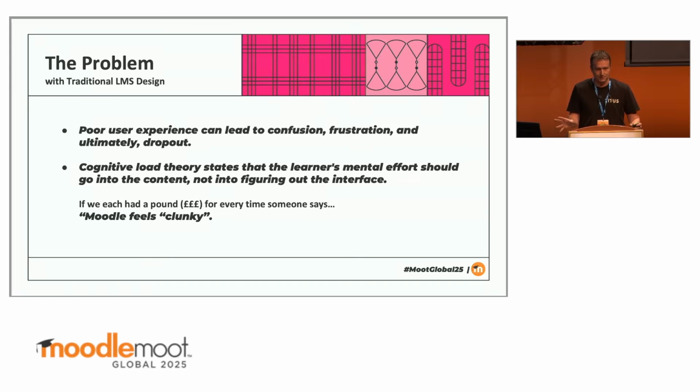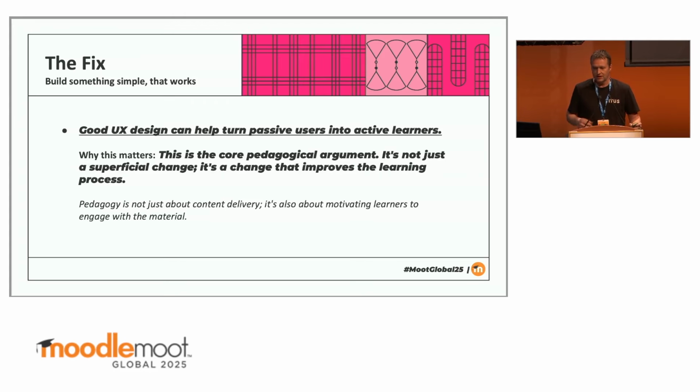So that's my posh bit about cognitive load theory, just so I can look intelligent. But really, it's just saying that the mental effort should go into the actual content and not figuring out how to use the system. And if we all had a pound for when the term clunky has been used for Moodle, then we wouldn't be in here. Good UX is all about turning passive users into active learners.